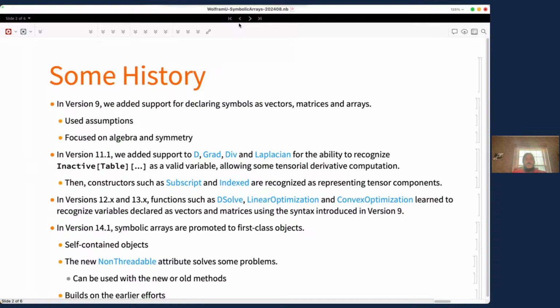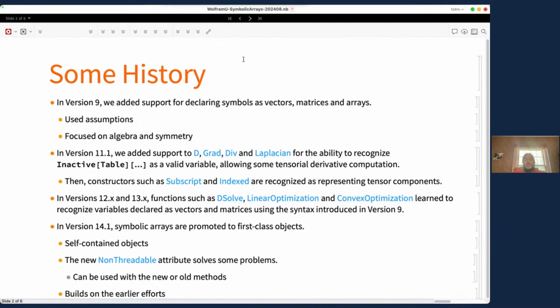In various versions of 12 and 13, we added support to a bunch of functions to understand variables declared as vectors and matrices using the version 9 syntax. To give three prominent examples, DSolve, linear optimization, and convex optimization all did this. I could have easily given probably 20 examples if I'd wanted to.